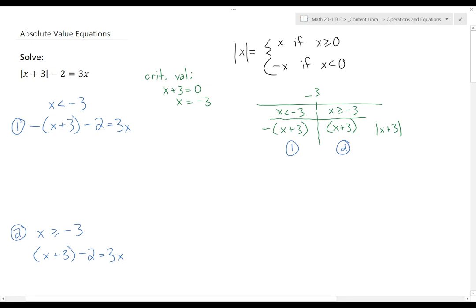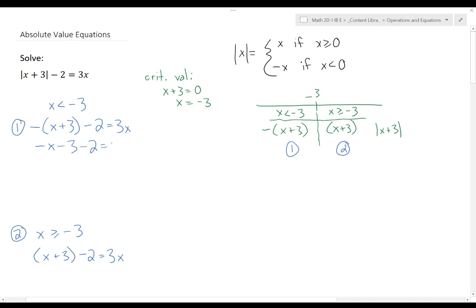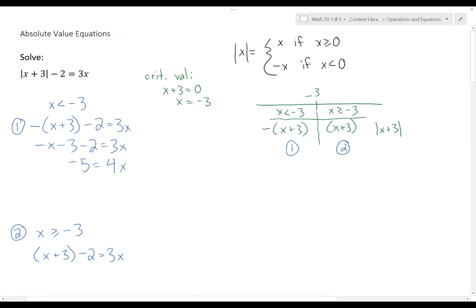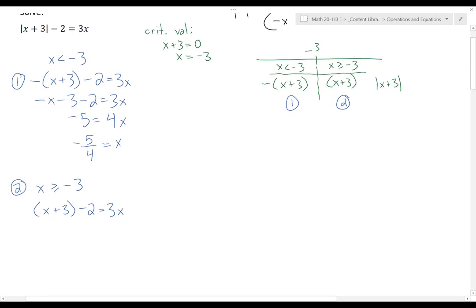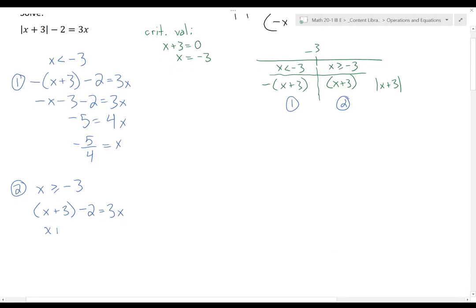Each of these is a linear equation that I now need to solve. So let's go back to equation 1. Minus x minus 3 minus 2 equals 3x. Minus 5 equals 4x. So negative 5 over 4 equals x. And in equation number 2, x plus 3 minus 2 equals 3x. 1 equals 2x. 1/2 equals x.